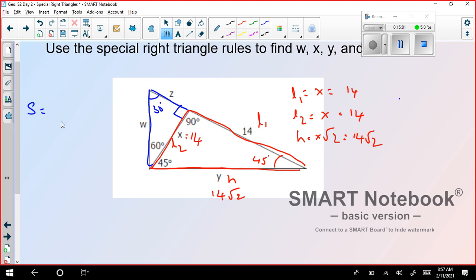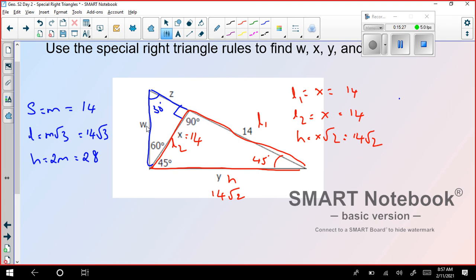Okay, in case of 30, 60, 90, if the smallest side is m, then the longest leg is m root 3 and the hypotenuse is 2m. We have been given the smallest side, that is m equals 14, which means the longest leg is 14 root 3 and the hypotenuse is 14 times 2, that is 28.